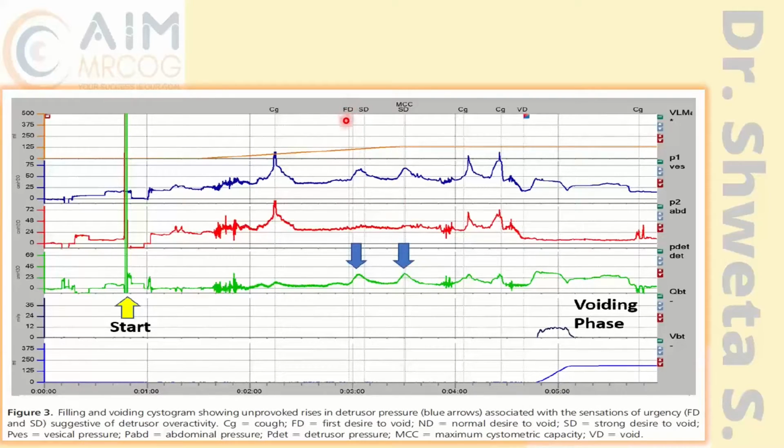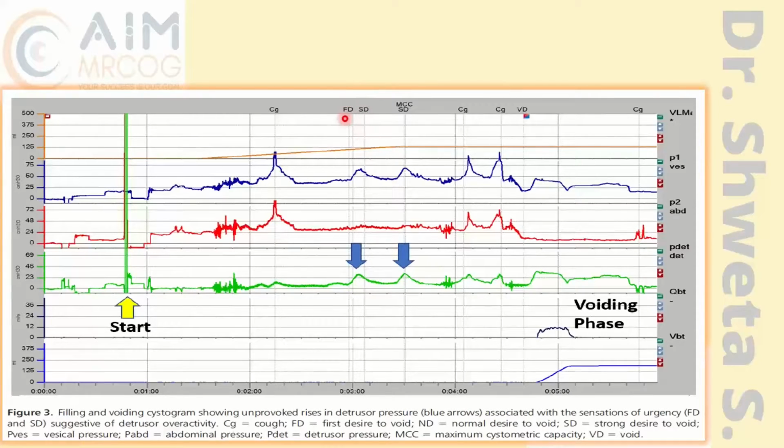The same way, if the first desire is less than 150, it is an indication that her bladder is overactive. Because you wanted the bladder to go quietly till 400 and her bladder is not quiet. Her bladder is trying to empty before 350, before 380, before 400. These are all abnormal values. If her capacity is 200, that means her bladder is overactive.